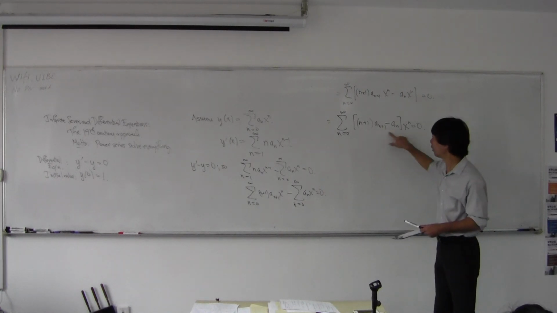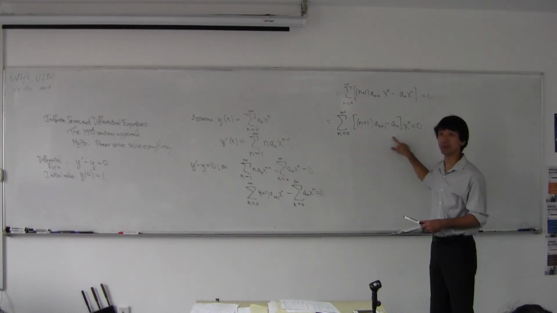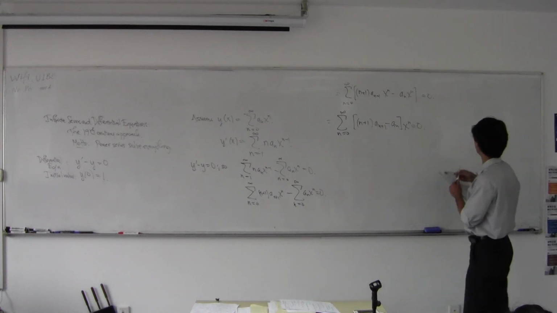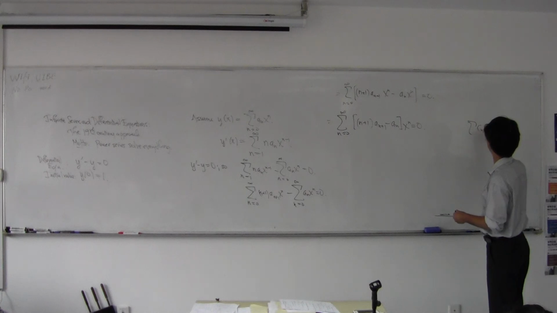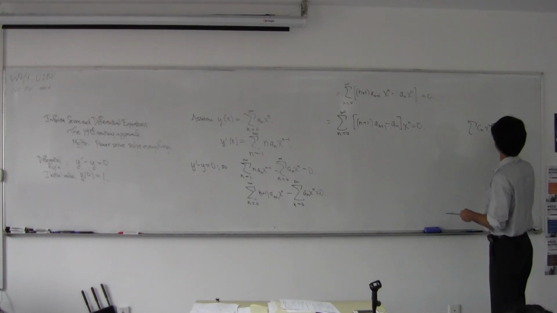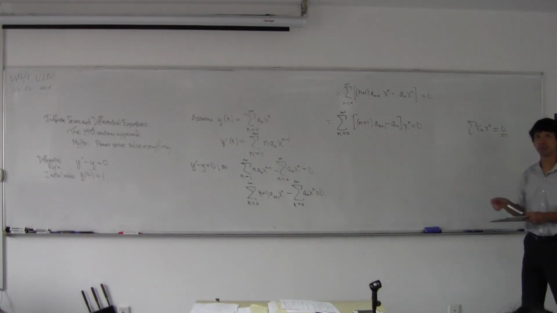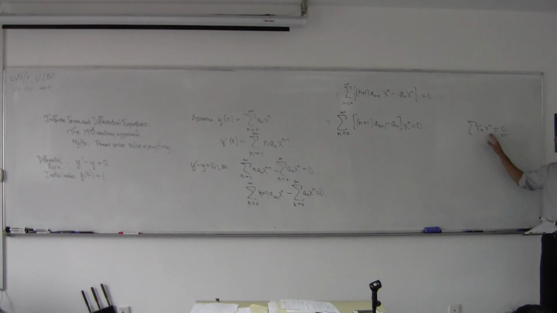If I have a power series, summation c sub n x to the n, and I know that it's 0 everywhere, no matter what x I put in, I get 0, that can only happen if all the coefficients are 0. If one of the coefficients is not 0, then it's not going to be 0 everywhere.